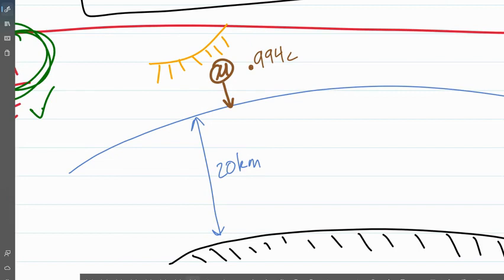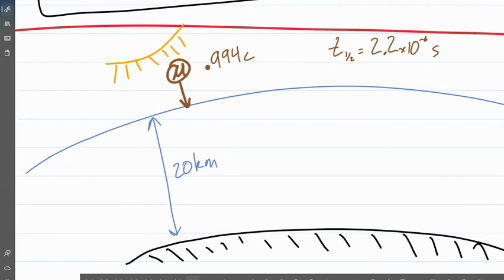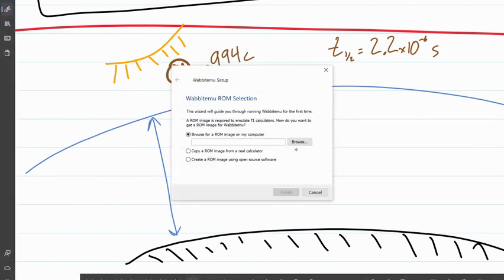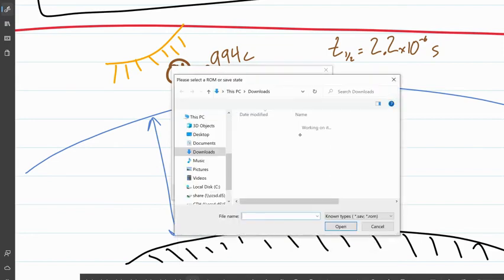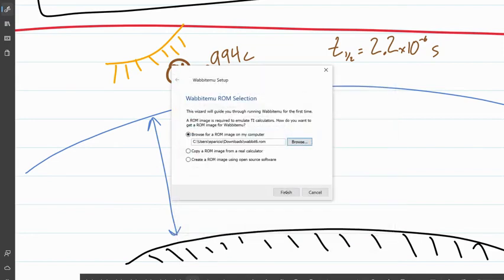Here's the thing, though. Muons have a half-life of 2.2 times 10 to the minus 6 seconds, 2.2 microseconds. If you were to do the math on that, to travel at 0.994 times c, we'll see if my calculator wants to do what I'm asking of it today.